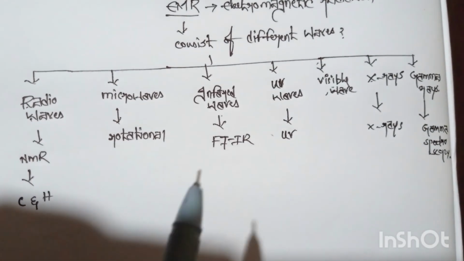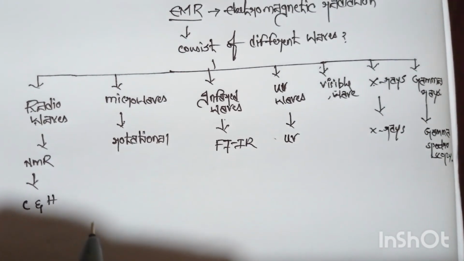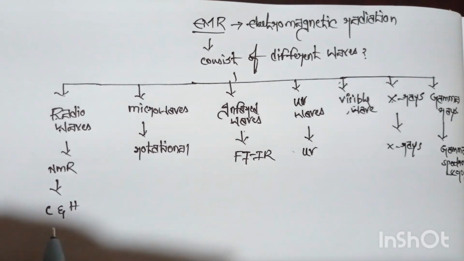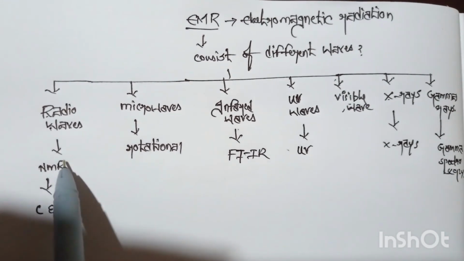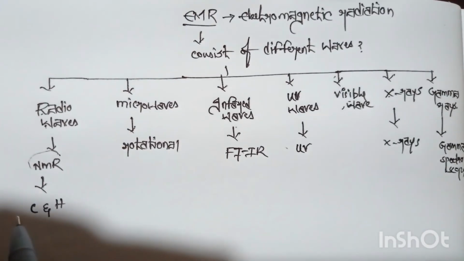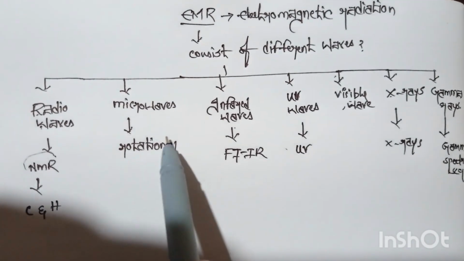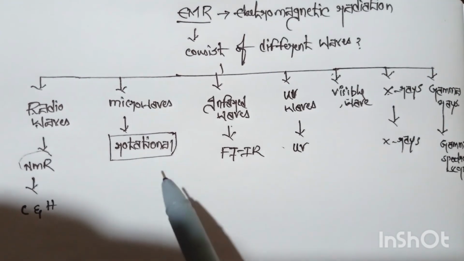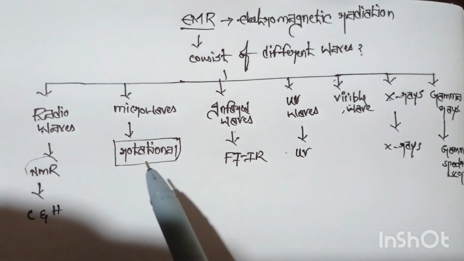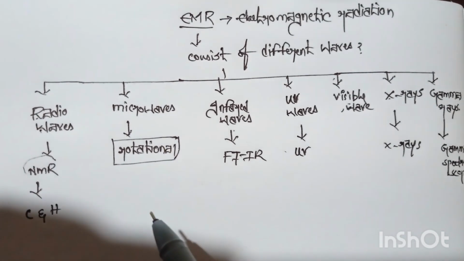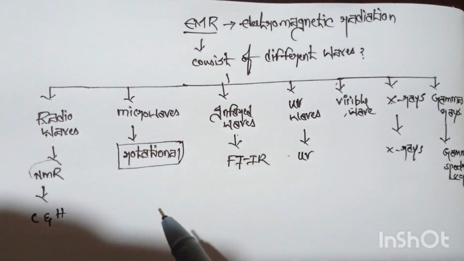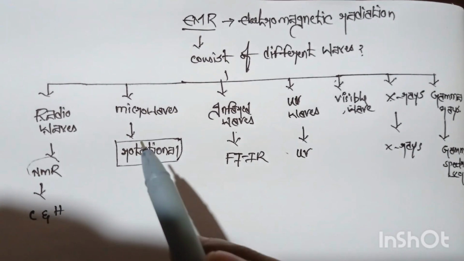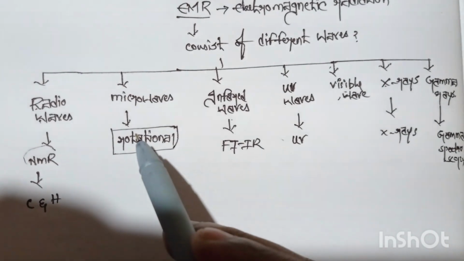To determine the compound's carbon skeleton as well as proton content, carbon content and proton content can be estimated by NMR spectroscopy only. Rotational spectroscopy is a kind of spectroscopy in which microwaves are used, and the rotation of the bond is measured in microwave spectroscopy.